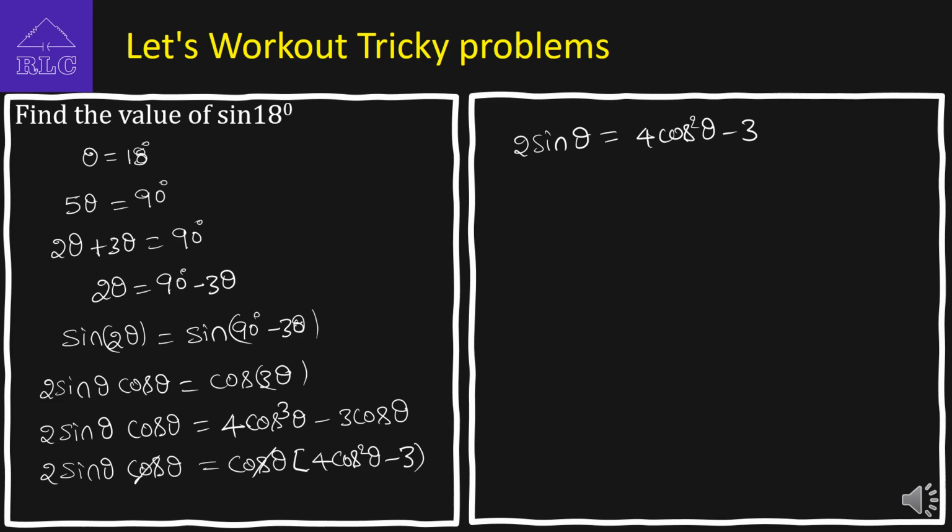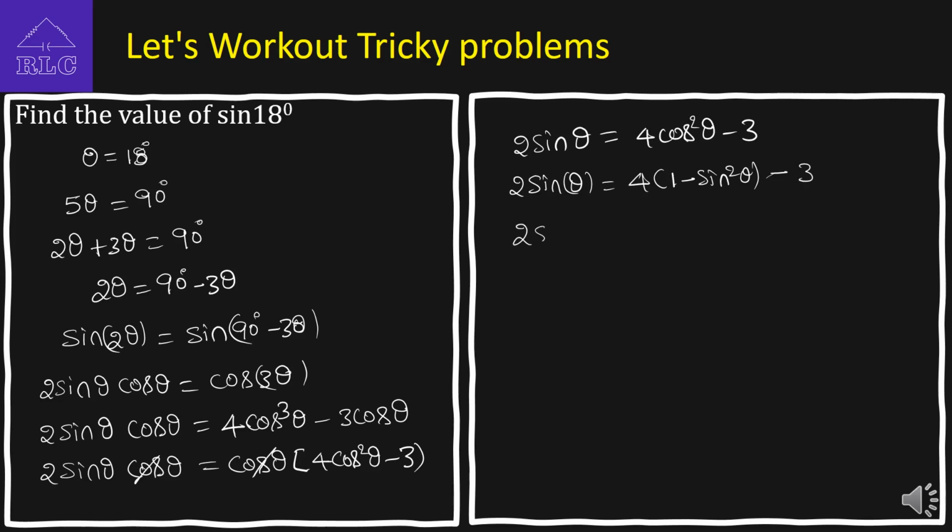Now I will express cos square theta as 1 minus sin square theta. So 2 sin theta can be expressed as 4 into 1 minus sin square theta, minus 3.